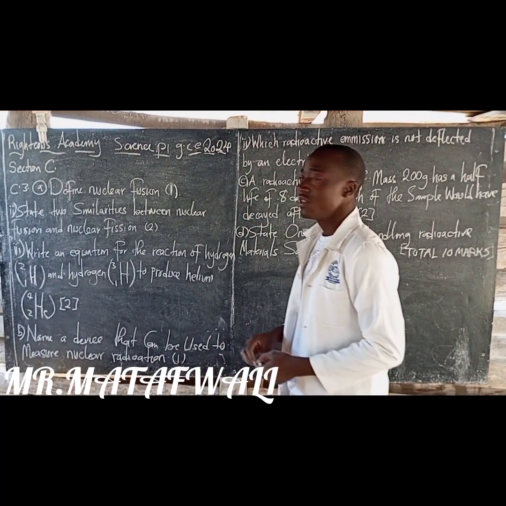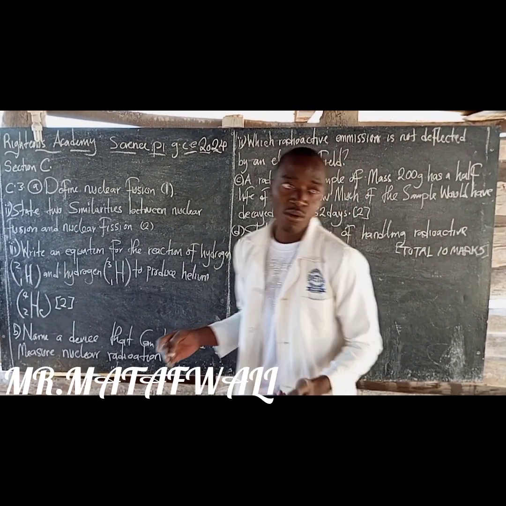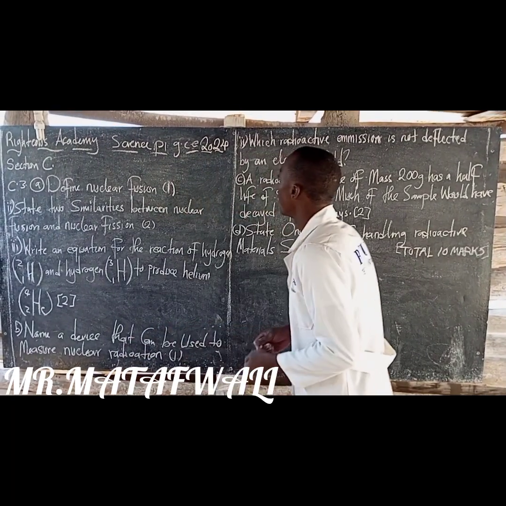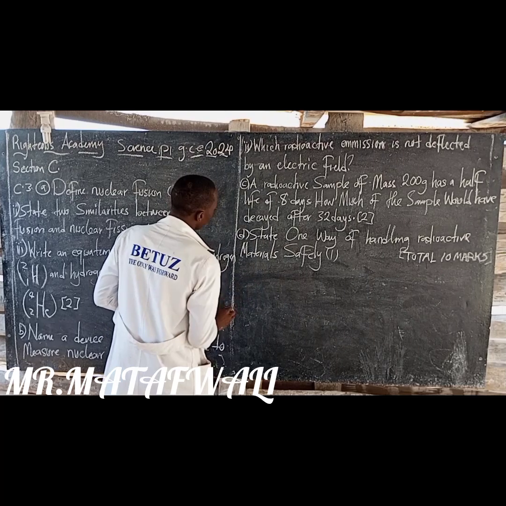So nuclear fusion, this is the combination of light nuclei to form large nuclei or to form heavy nuclei. So we are going to write the definition for nuclear fusion.